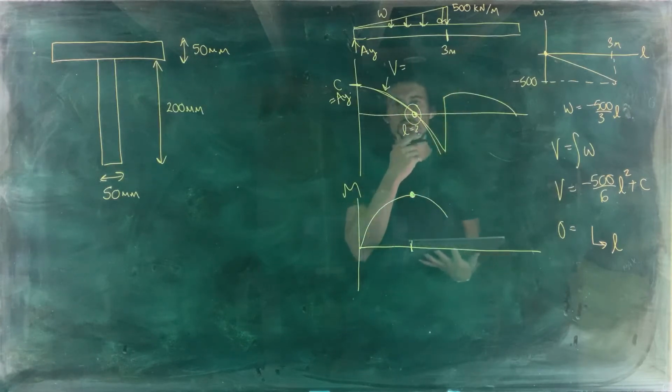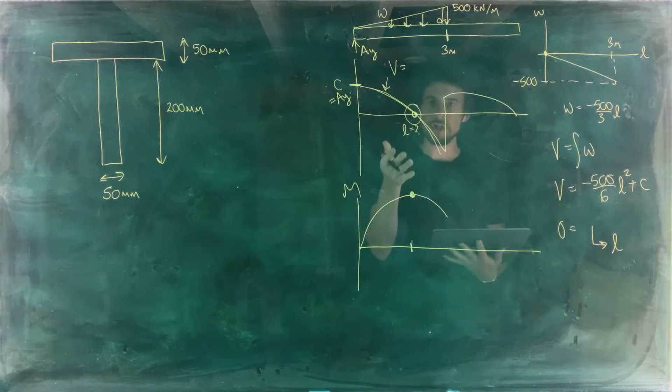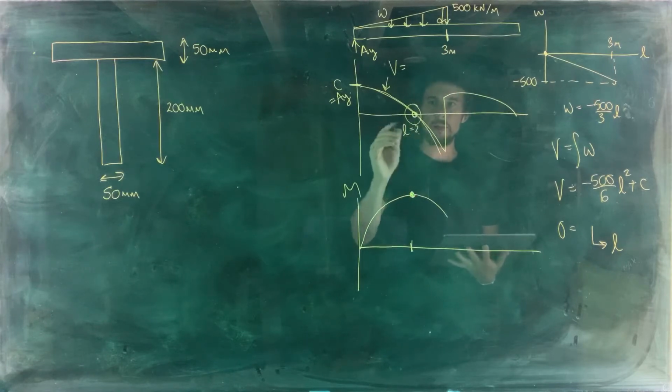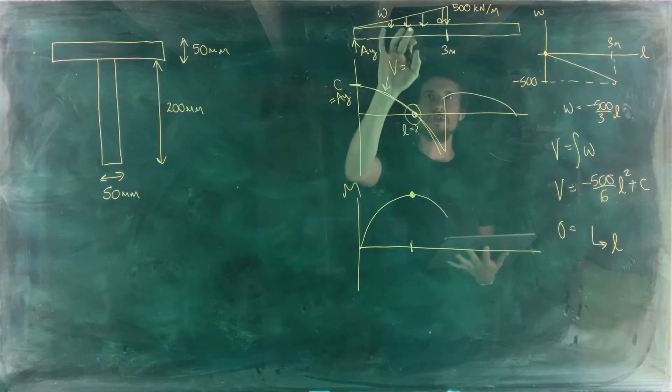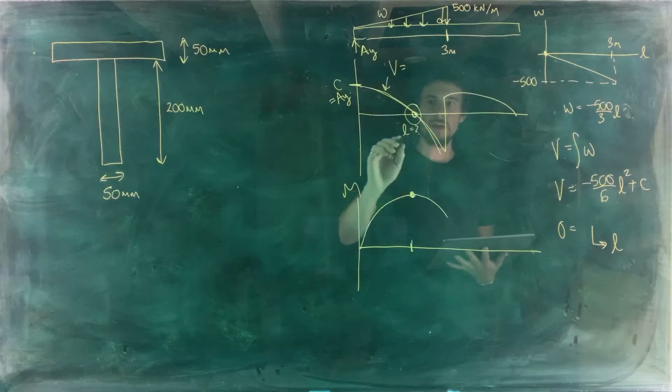No, there's no other way to do that. I think you were talking about doing a section cut to figure it out. That doesn't actually apply here, because the only time you can really do a section cut to figure out something on your shear and moment diagram is when you know exactly where you want to take the section cut.